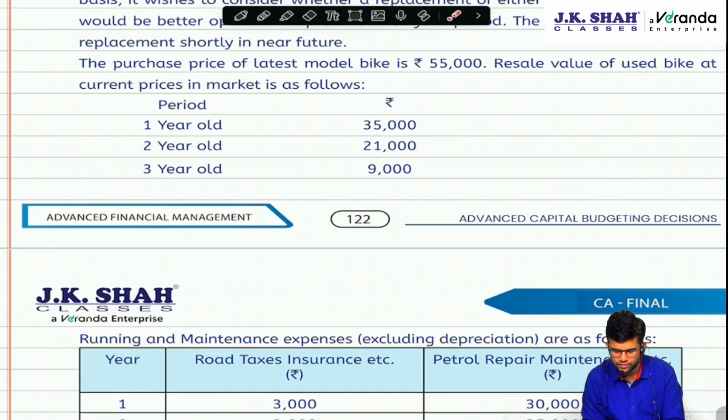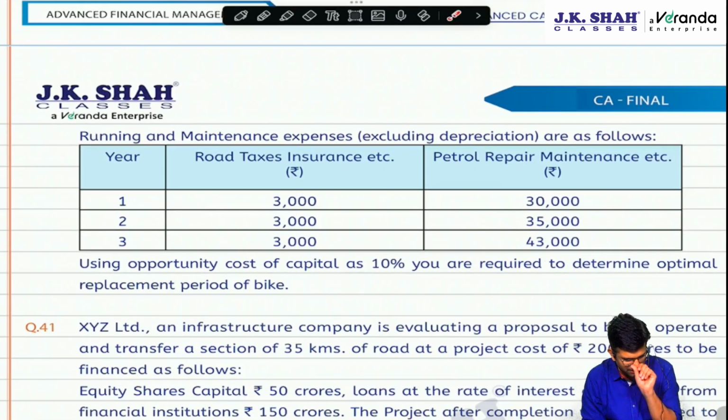I hope everyone is following. And then running and maintenance expenses. 33,000 if you operate your existing bike for 1 year, second year 38,000, next year 46,000. Using opportunity cost as 10%, you are required to determine the optimum replacement period of the bike.